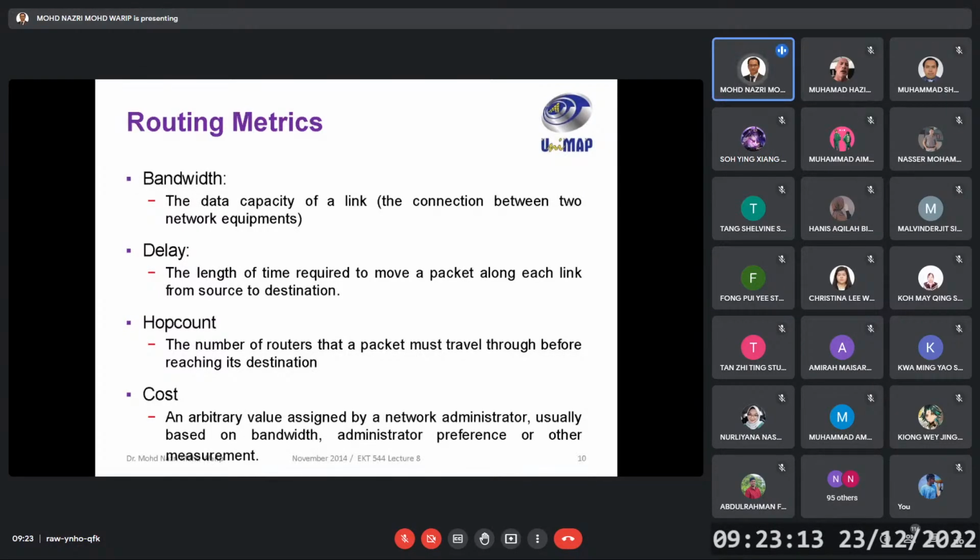Regarding routers, in the industry I can say 90% or 95% of routers in this world use Cisco. Others are probably Juniper, probably Huawei.